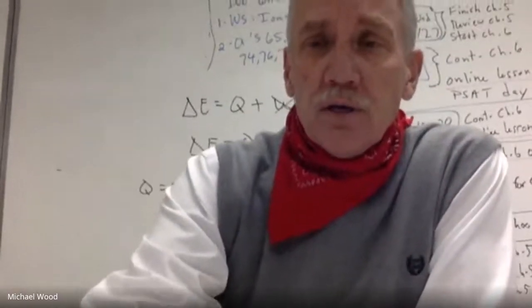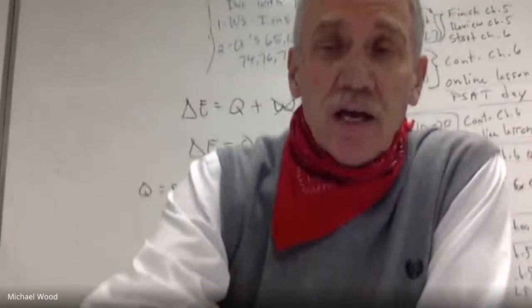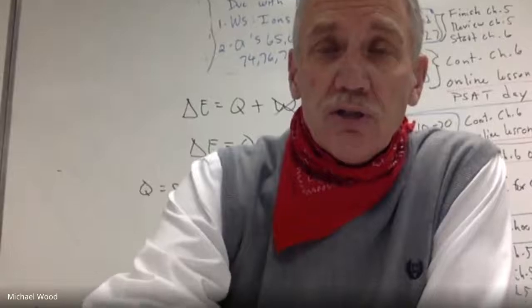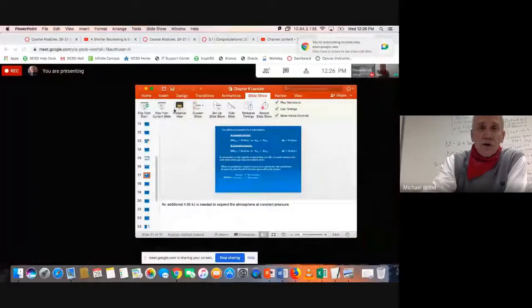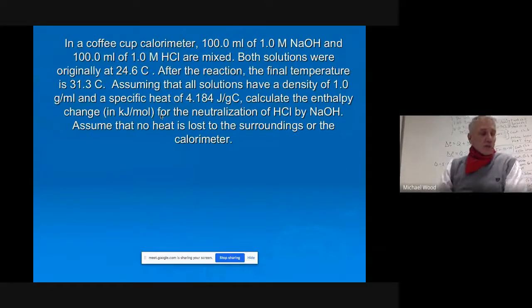Okay, so now let me do a couple of example problems. To me, it's plug and chug, but there's a lot of numbers and you've got to look at it. So, we've done this slide. I'm actually going to go backwards. So here's an example of a calorimetry problem.